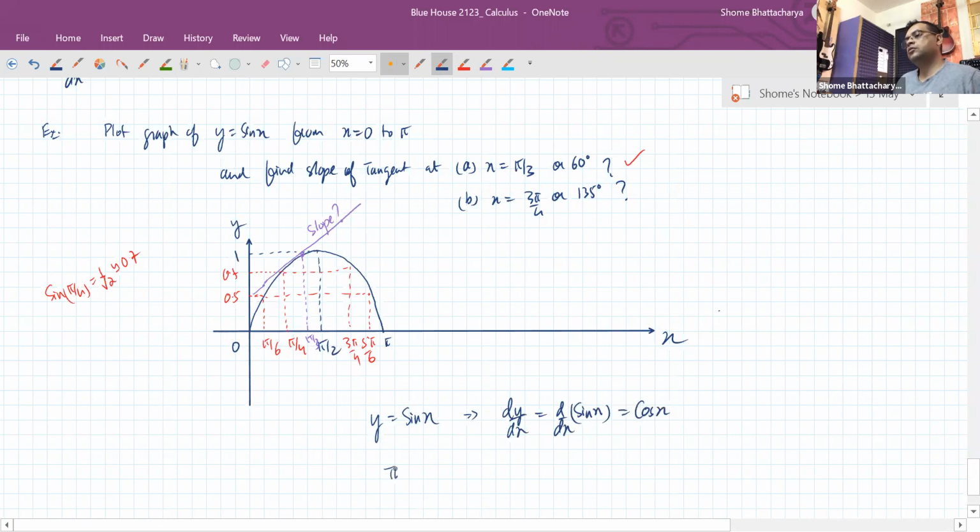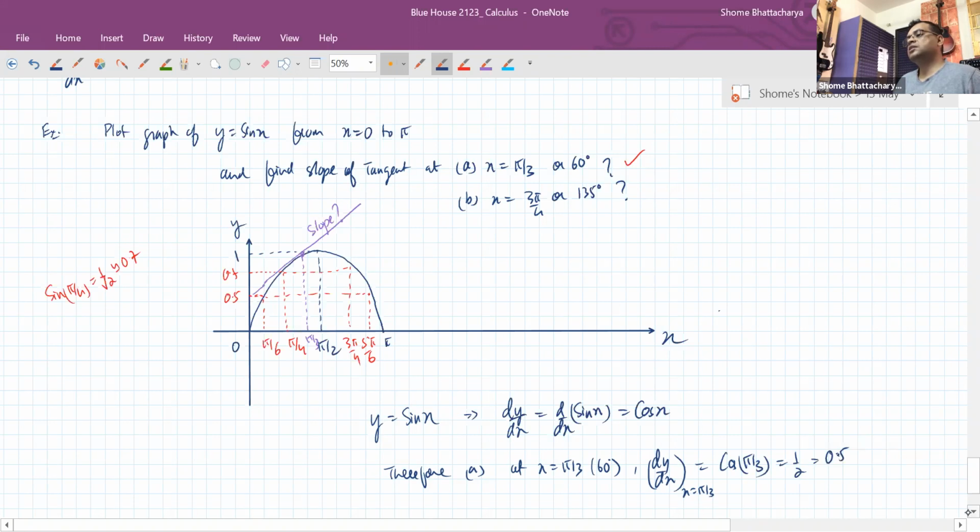Therefore, at x equal to pi by 3, the slope of the tangent equals cos pi by 3, which is cos 60 or half.